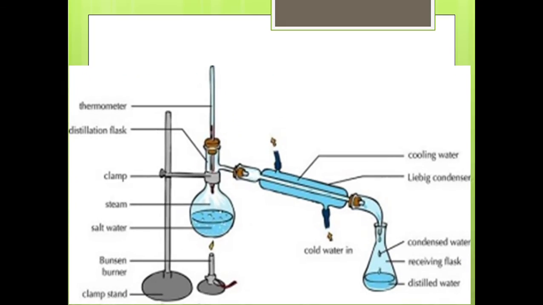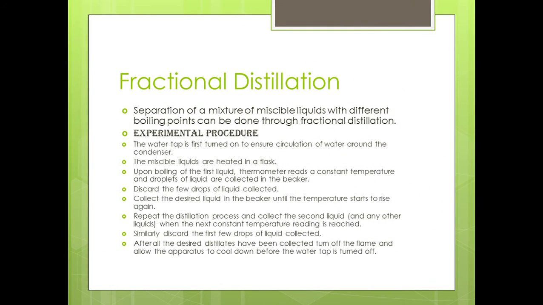Next, we would be observing fractional distillation, which is an advanced method of simple distillation. Fractional distillation is the separation of a mixture of miscible liquids with different boiling points. Experimental procedure: the water tap is first turned on to ensure circulation of water around the condenser. The miscible liquids are heated in a flask. Upon boiling of the first liquid, the thermometer reads a constant temperature and droplets of liquid are collected in the beaker.